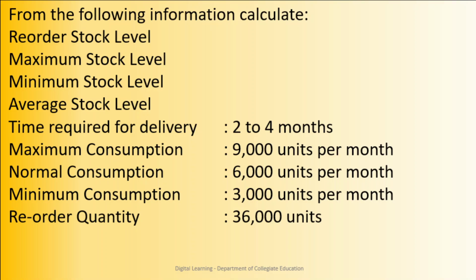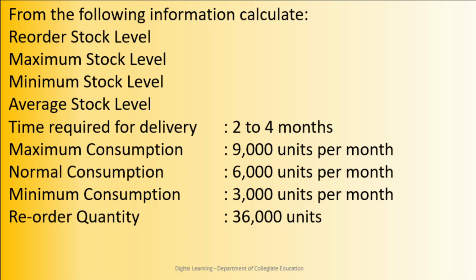And the last problem with regard to computation of stock level is, from the following information, calculate reorder level, maximum stock level, minimum stock level, average stock level. Data given is time required for delivery 2 to 4 months. Now please keep in mind this is a reorder period. 2 is the minimum, 4 is the maximum.